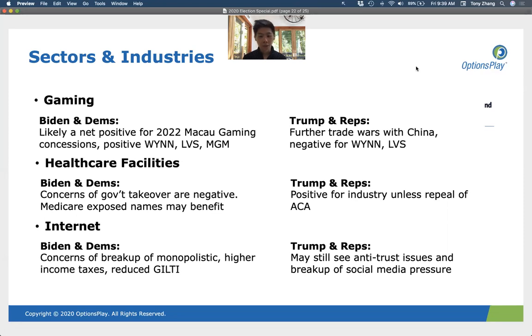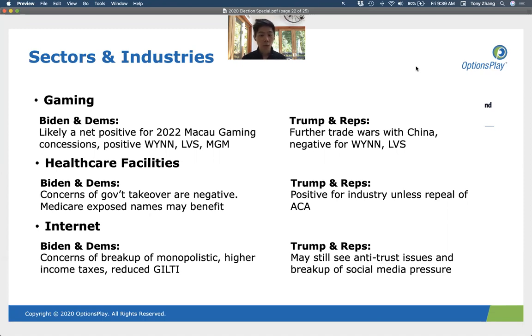Wynn, Las Vegas Sands, MGM. As far as under Trump and a Republican administration, this is really where we see the trade wars is going to have, from our perspective, a fairly large negative impact on those 2022 Macau gaming concessions.